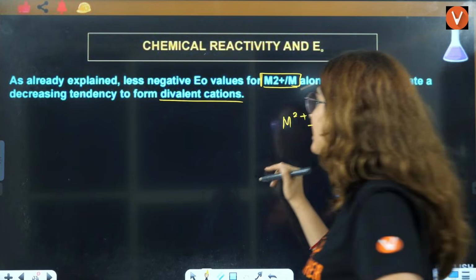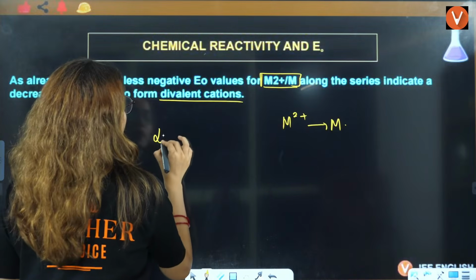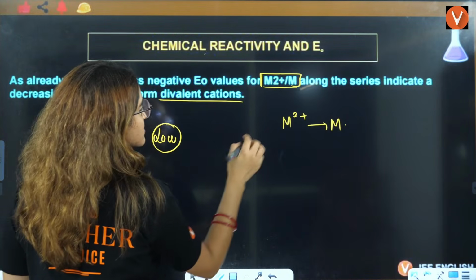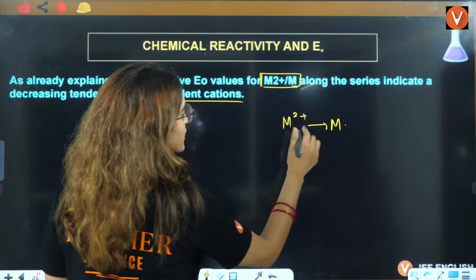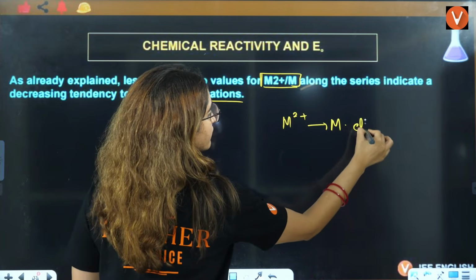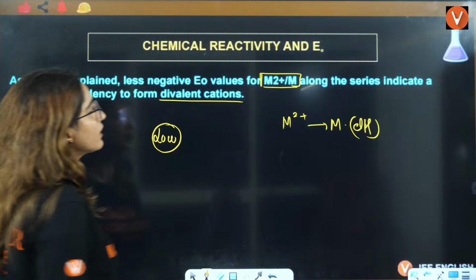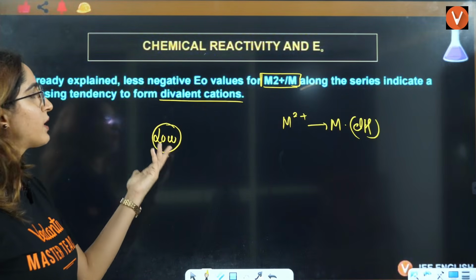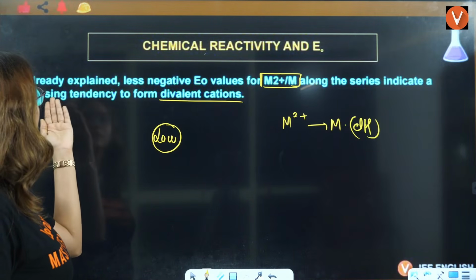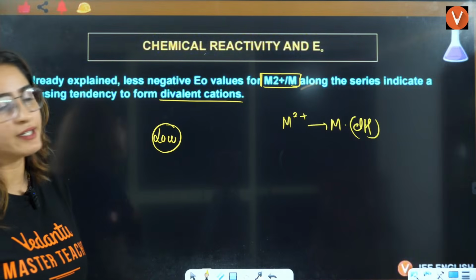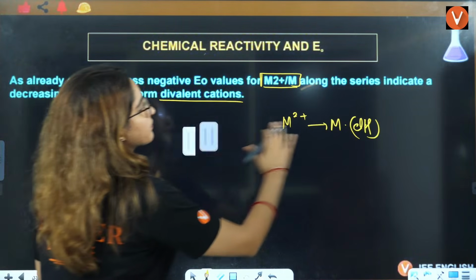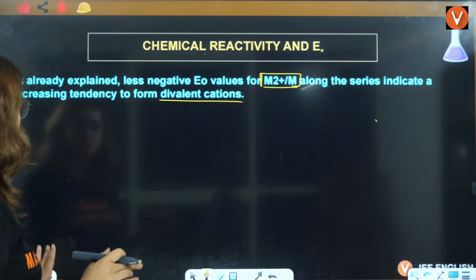If it is less negative, that means it is very low, and low means this reduction is very difficult. So this conversion becomes difficult and indicates a decreasing tendency to form divalent cations. This data we have already discussed.